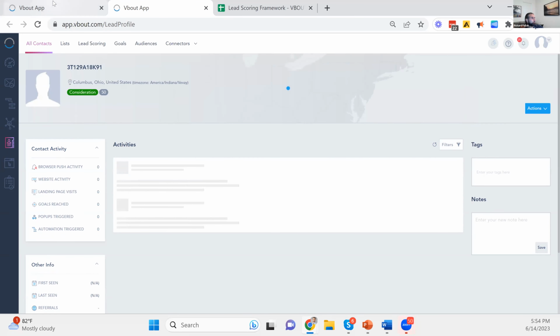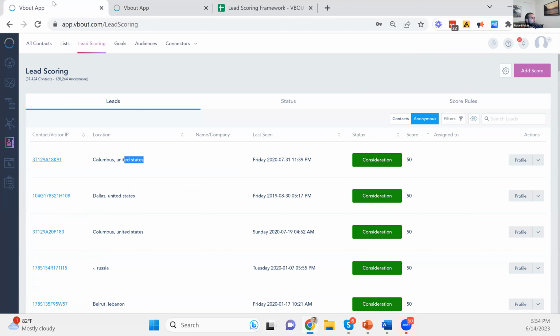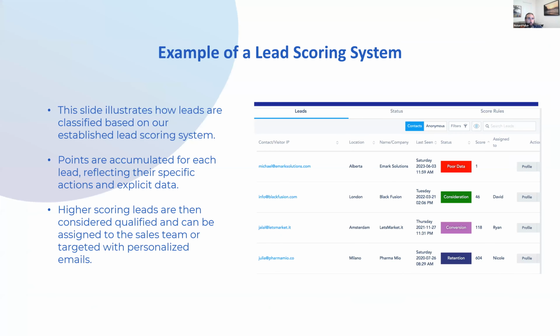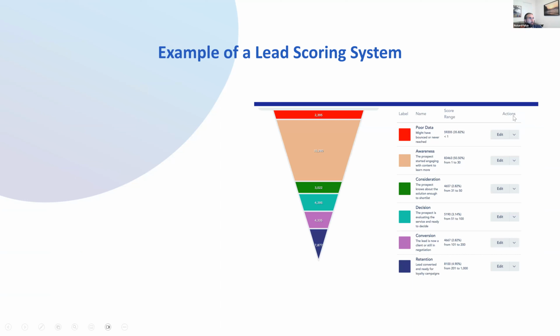All right. And I think this is the lead funnel, which I skipped ahead and showed you. You can configure these, by the way, guys. You don't have to go by these colors. You don't have to go by these labels. You are in charge of your own funnel. Adopt it for your business.